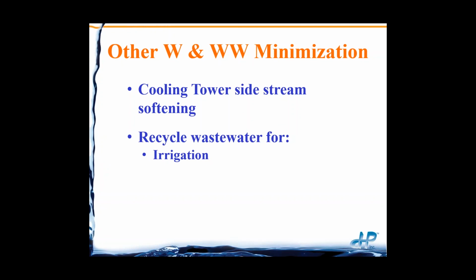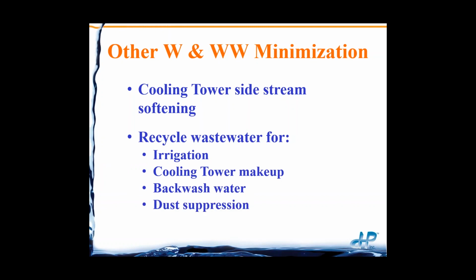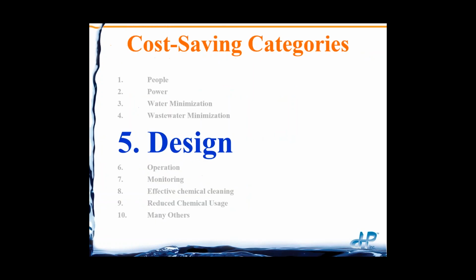There are plants that either send it to other people's fields, or they've actually purchased fields. They do their own irrigation. But you can look at different places around the plant, around the area, that allow you to take some of these wastewaters and use them in different applications. So again, the name of the game is cost reduction with a payback of a year or less. That's what you're shooting for.